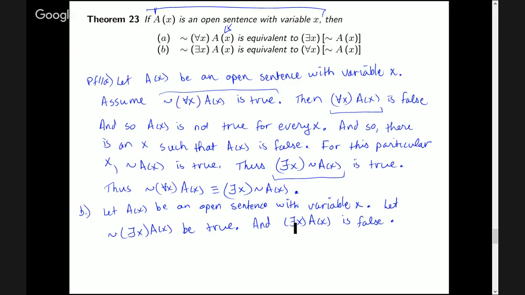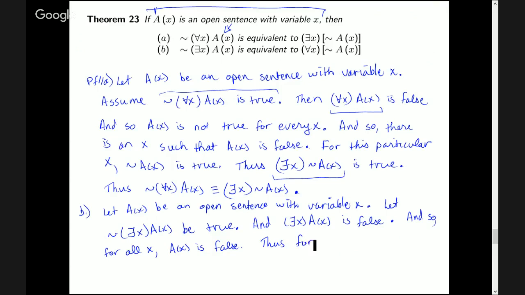What does that tell you? If I'm saying there exists an X so that A of X is not possible, that means you can't find an X to make A of X a true value. And so, for all X, A of X is false.